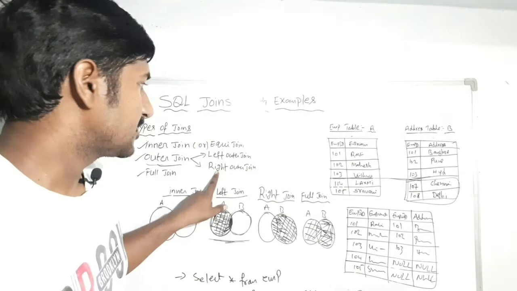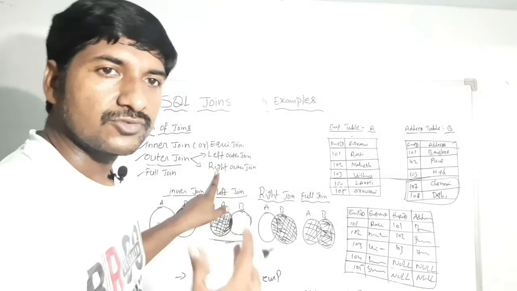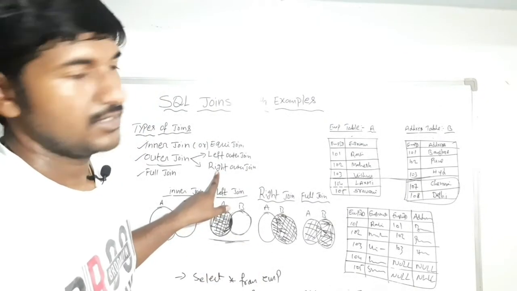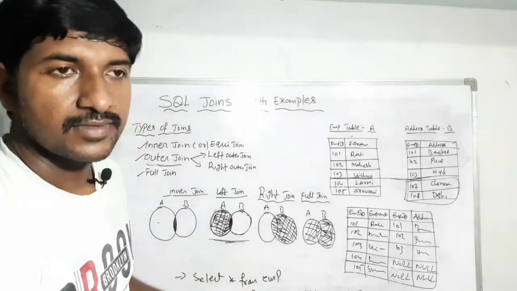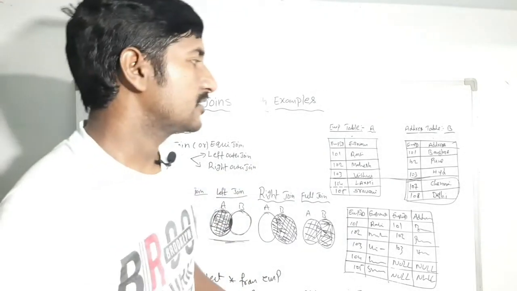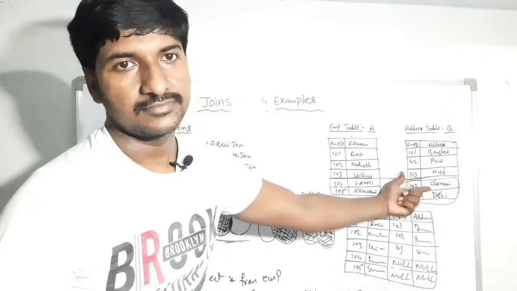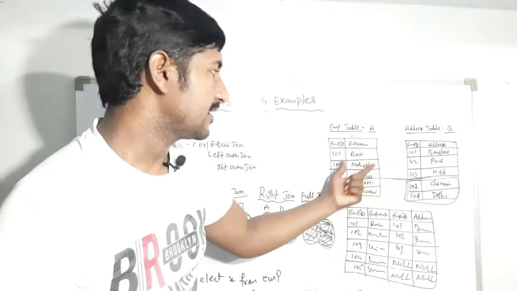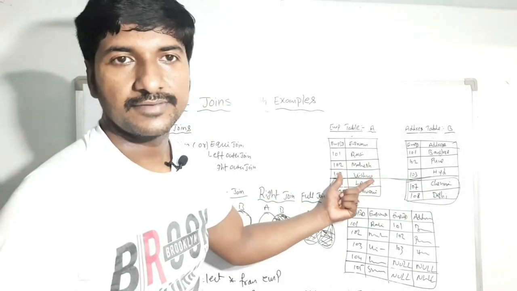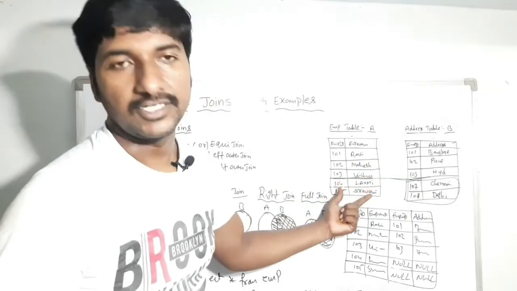Right outer join is completely opposite to left outer join. Right outer join means you will get the result with all the records from the right table. Whatever unmatched records are there, you will get as null values.